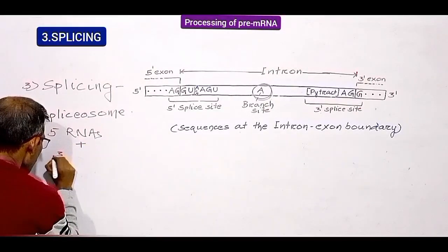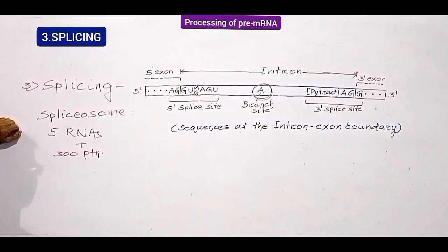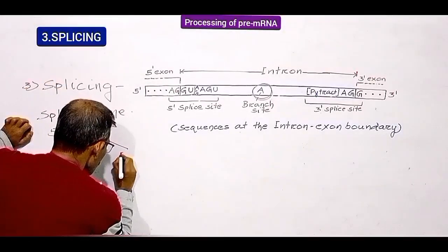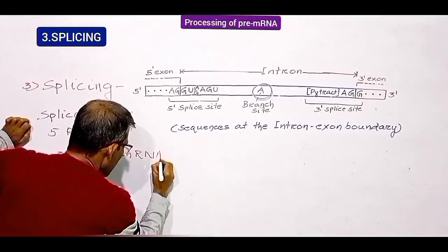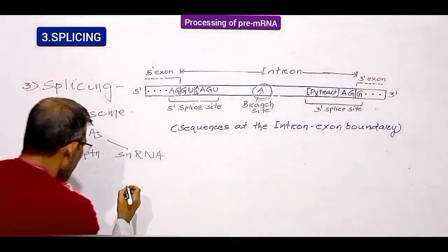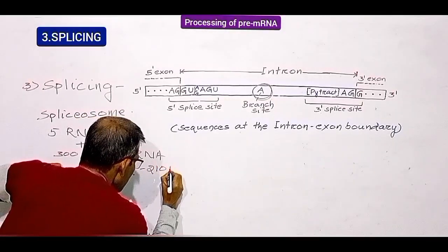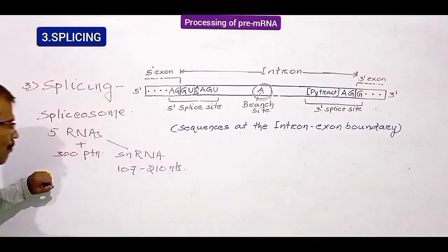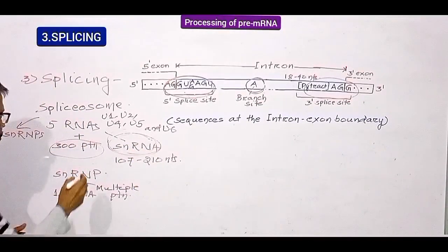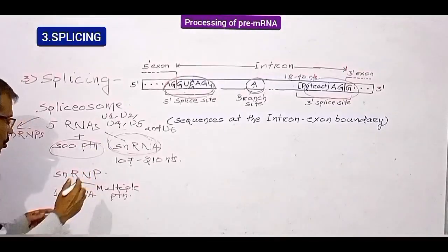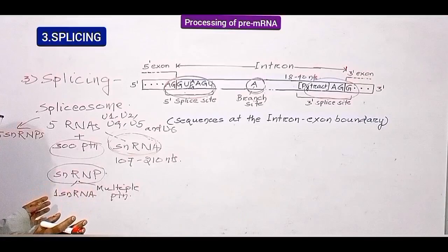and almost 300 proteins. These RNAs are small nuclear RNAs, the length of which varies from 107 to 210 nucleotides. These RNA components associate with different proteins to form small nuclear ribonucleoprotein particles.